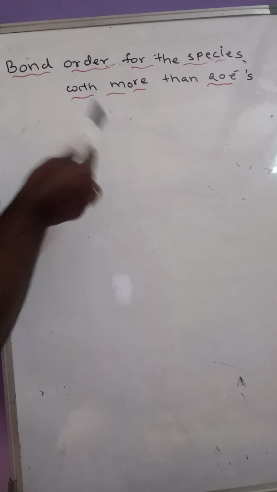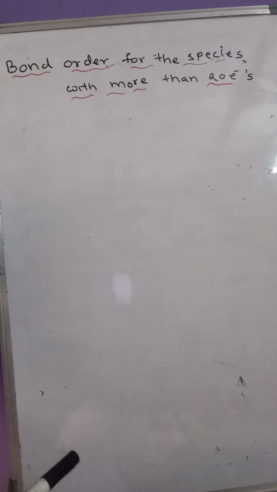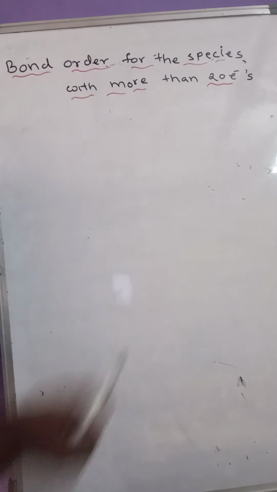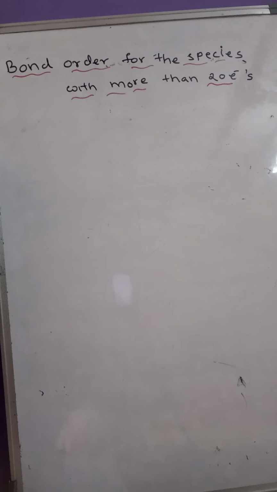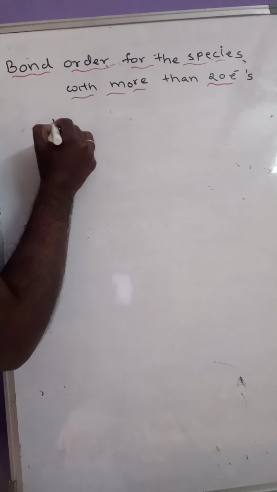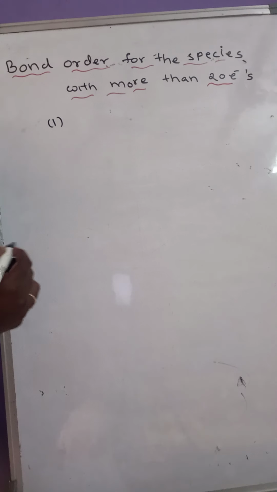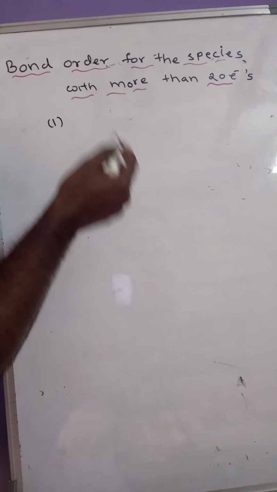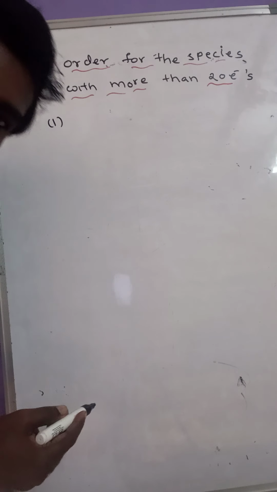So in this video let us see the calculation of bond order for species with more than 20 electrons. Here we have two different formulas to calculate bond order of species having more than 20 electrons.